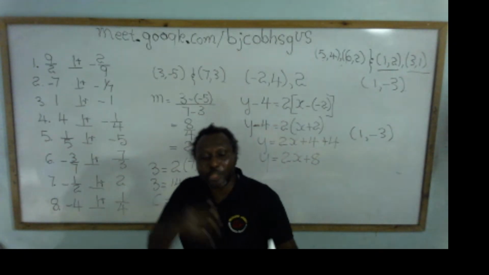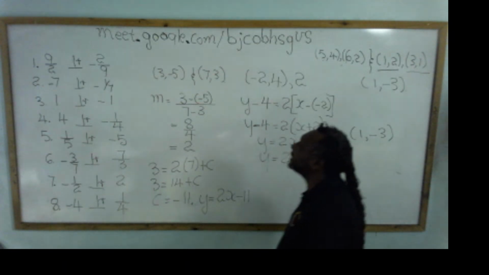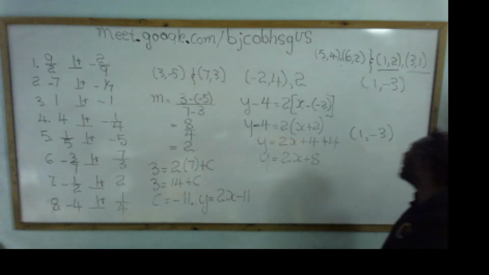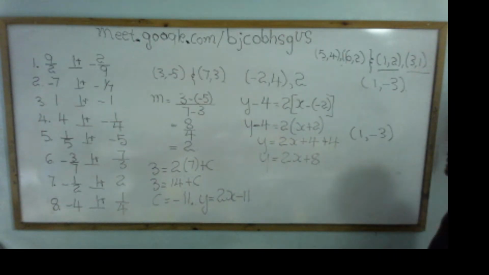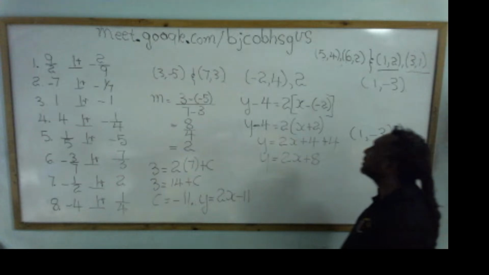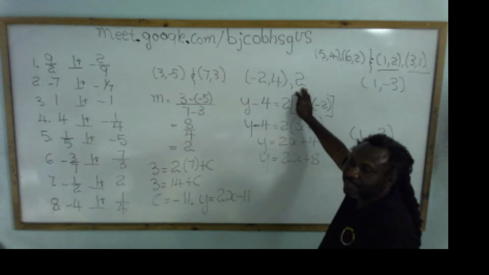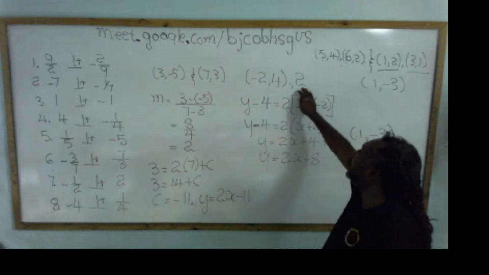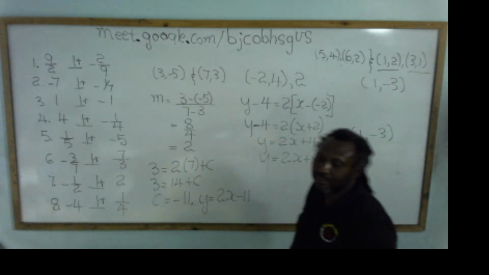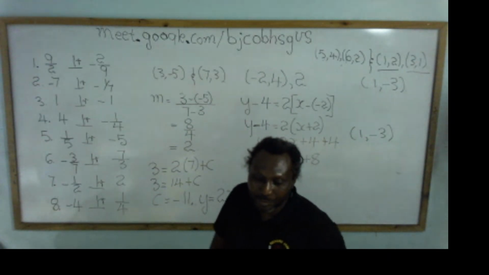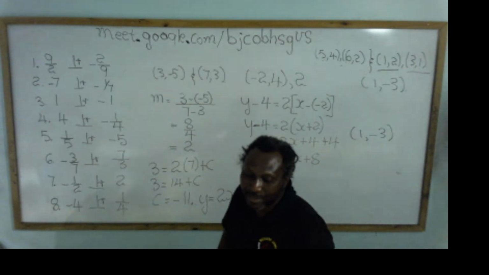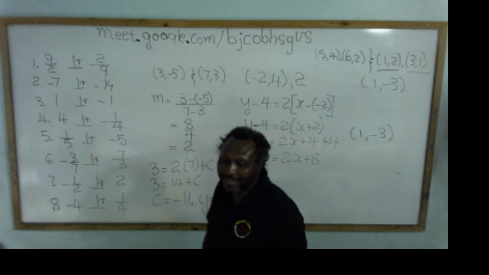Then when we move to the third one, it is going to be perpendicular to the other two. So because it is perpendicular to the other two, how do we find the gradient? Remember that the gradient, which is 2, for the one perpendicular, you should use a number for the gradient such that when you multiply this and the other number, the result is negative 1.